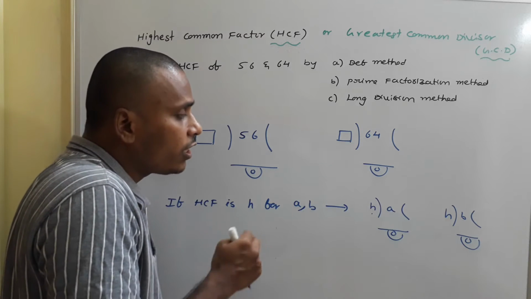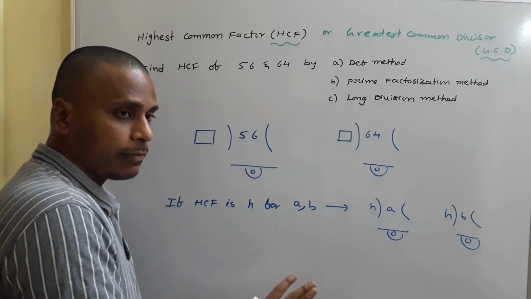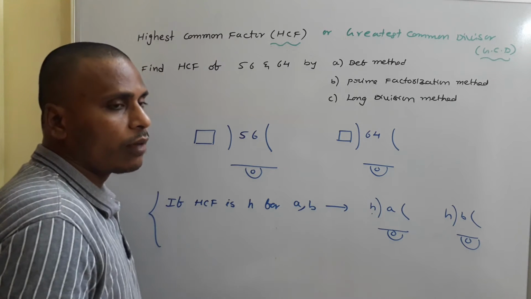We don't have any number more than this H which divides both A and B exactly. This idea we need to use to solve different problems. Okay, I will give you some now.